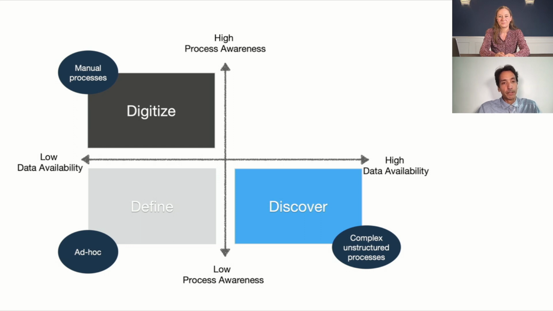And on the right side, there are kind of two options. On the bottom right, we have discover. So that means low process awareness, but there is some kind of support of a system. So you can think about a hospital that has implemented some kind of hospital administrative system. So they are capturing the data for all the events or activities that are happening, very structured in a particular way.